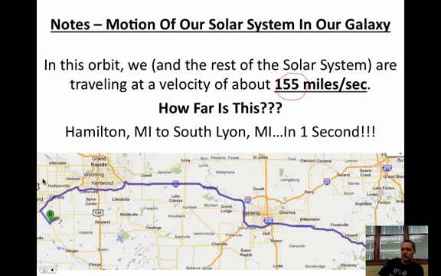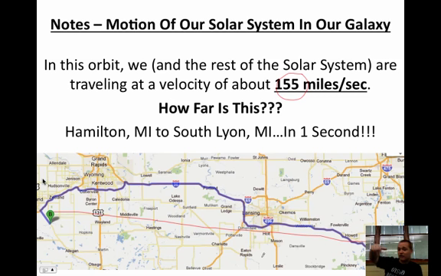I Google mapped it just to see where a location in Michigan 155 miles away was, and it's I think 154 point something miles to South Lyon, which is all the way over near Detroit. So in 1 second, that's how far we have physically moved in our orbit around the Milky Way galaxy. So we've gone from here all the way across to South Lyon.